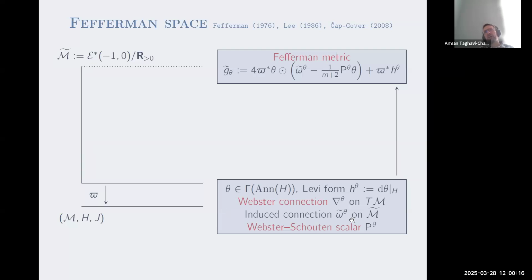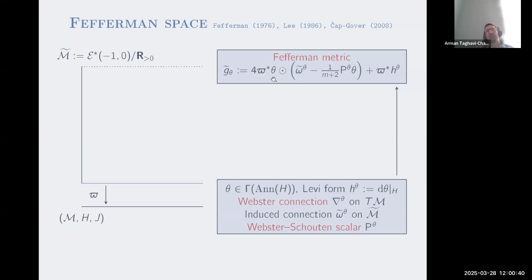I have an induced connection on this manifold because it's an associated bundle. And I also have a piece of the curvature of this Webster connection, which is called the Webster-Schouten scalar, which I call rho.